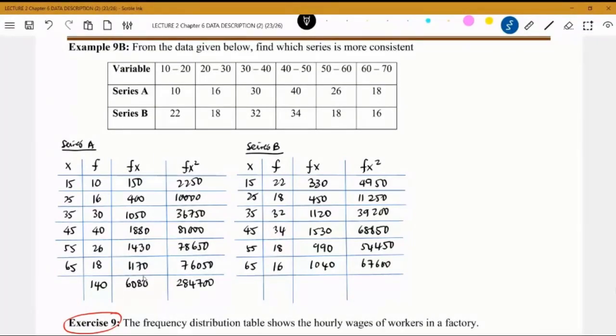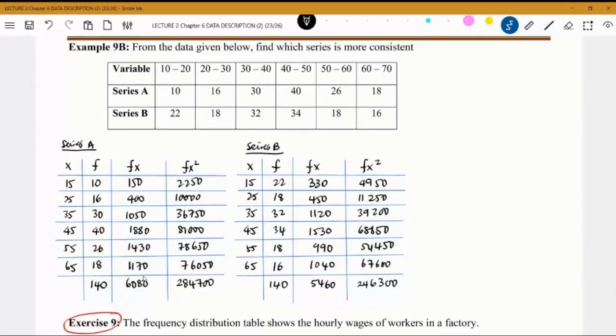Okay. So summation f here will be the same thing, 140. How much did you get for fx? 5460. Summation fx square? We start with 246300. Okay.